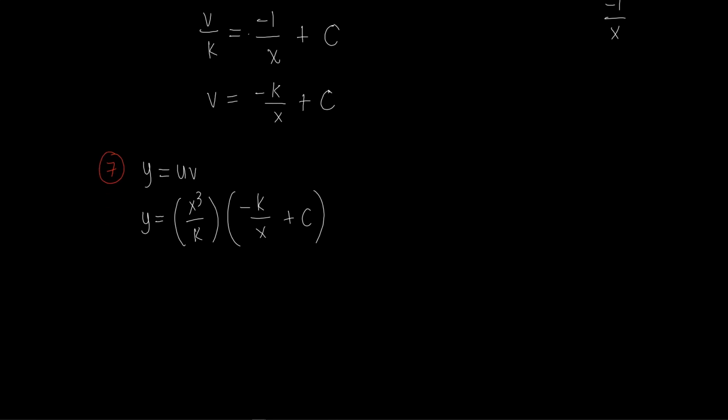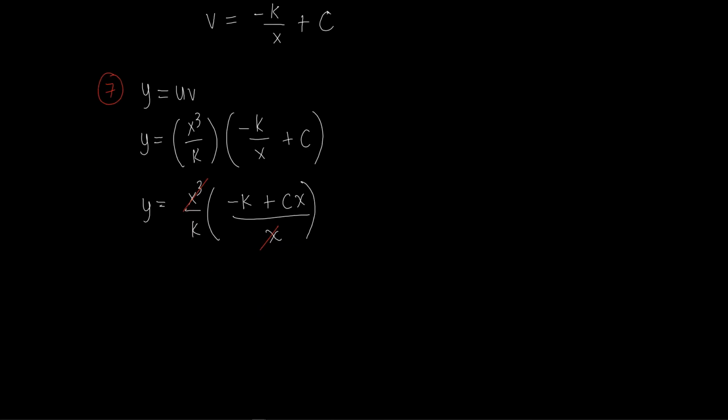So, algebra natin, y is equal to x cubed over k. Ito, multiply natin dito. So, magiging cx. So, negative k plus cx over x. Cancel out natin yung x. Then, i-distribute natin yung k. Magiging y is equal to x squared na lang yan.